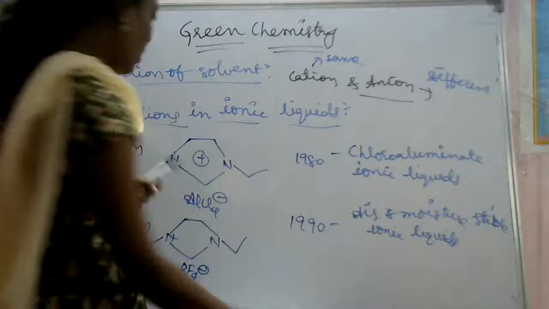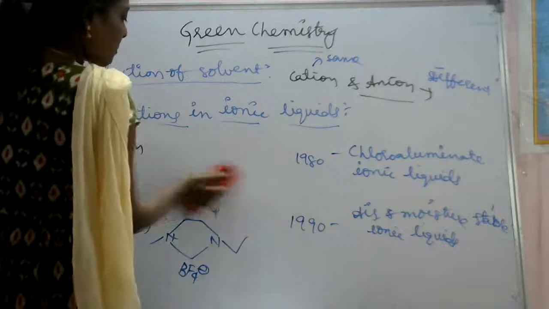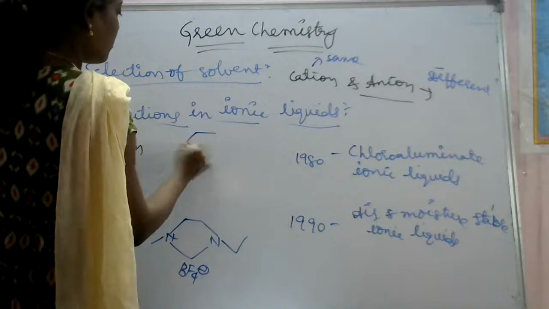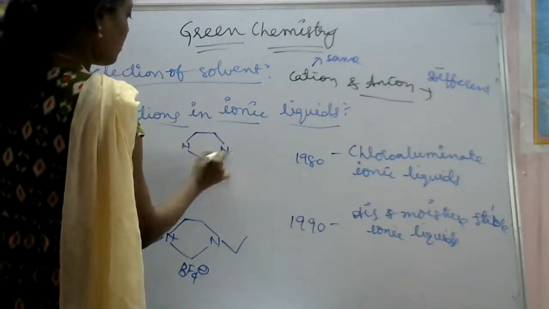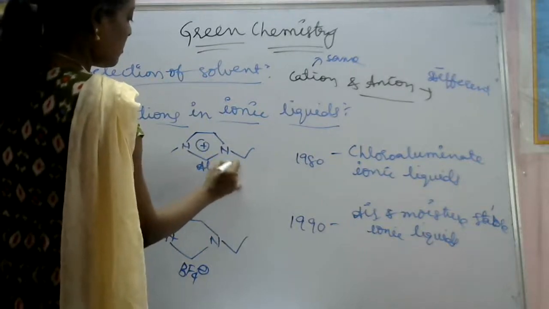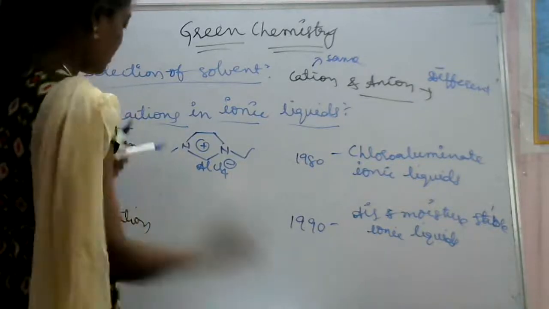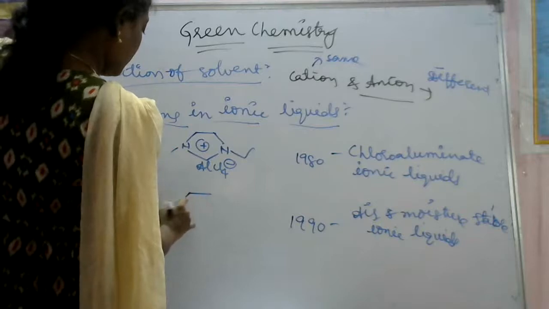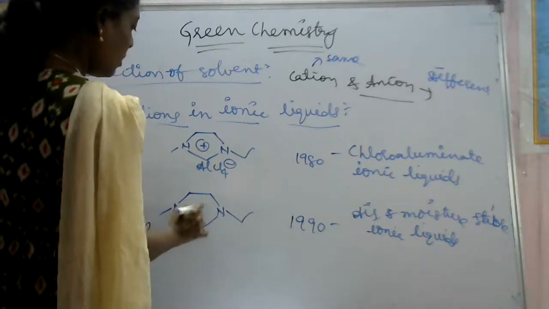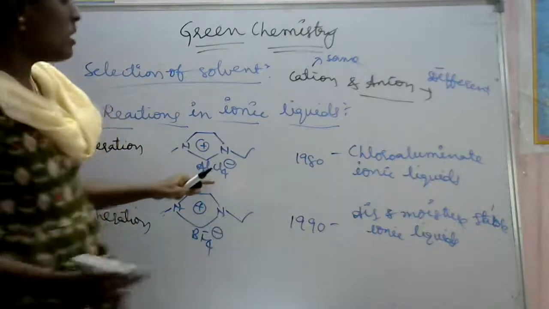I want to write smaller because I have no space here. We are taking the same cation, but varying only the anions.